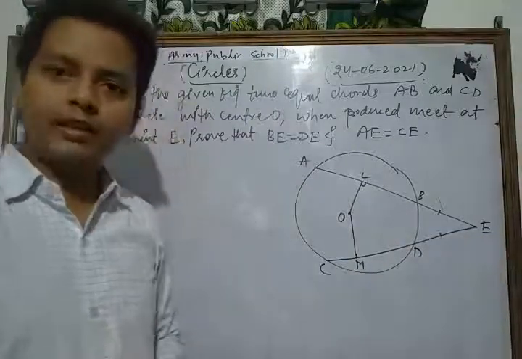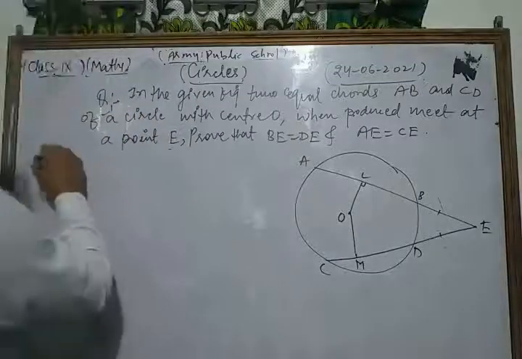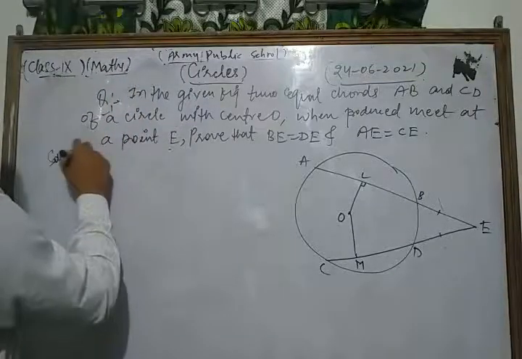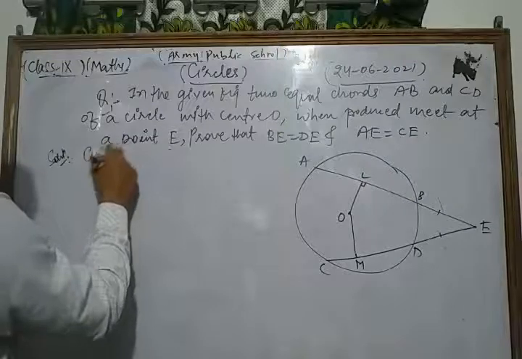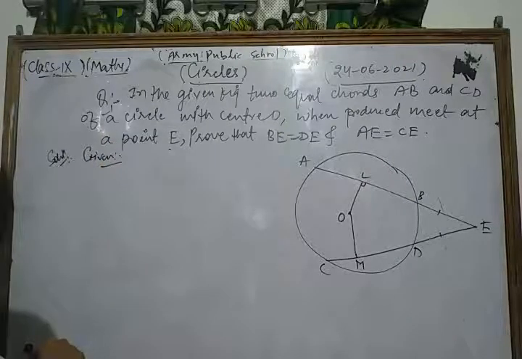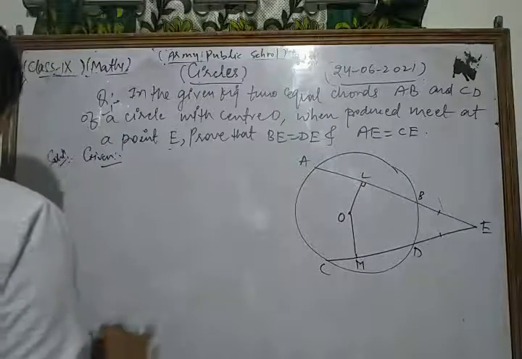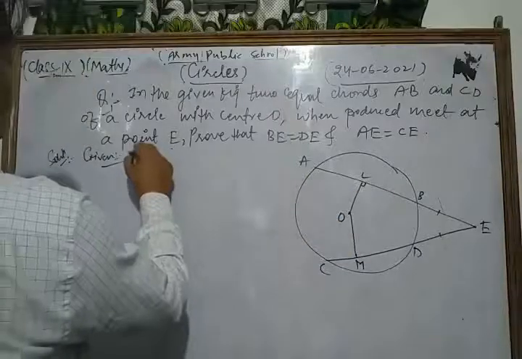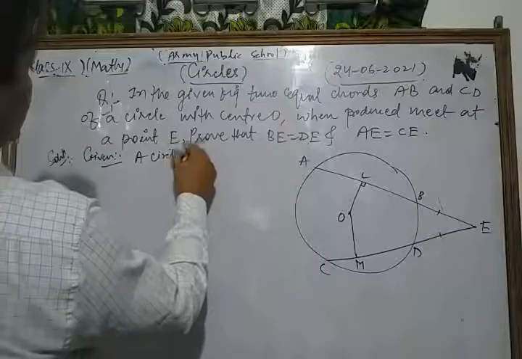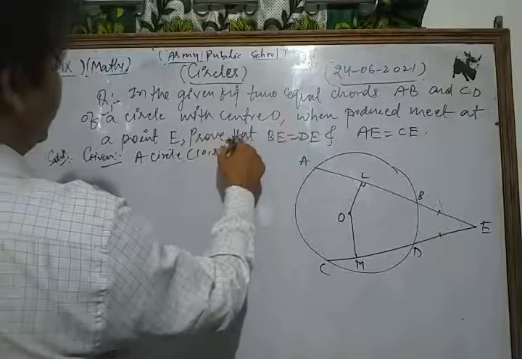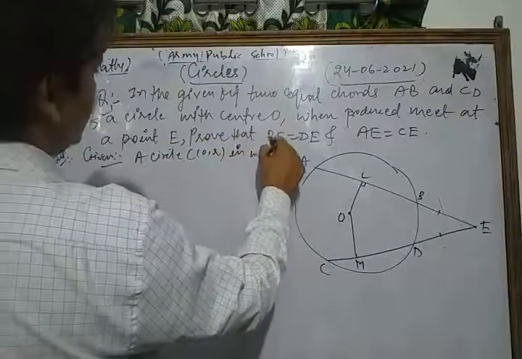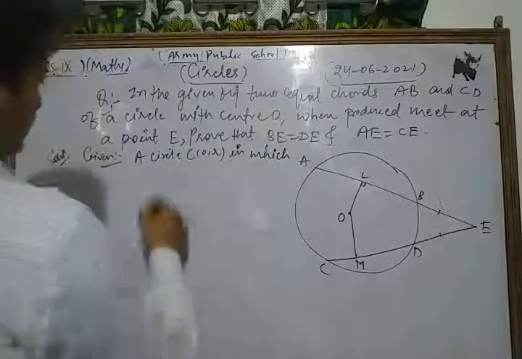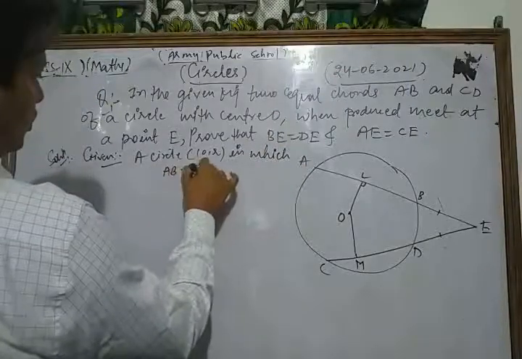So for that, first of all, let's see its solution. First of all, we write the given: a circle with center O and radius R, in which two equal chords, chord AB is equal to chord CD. This is given.